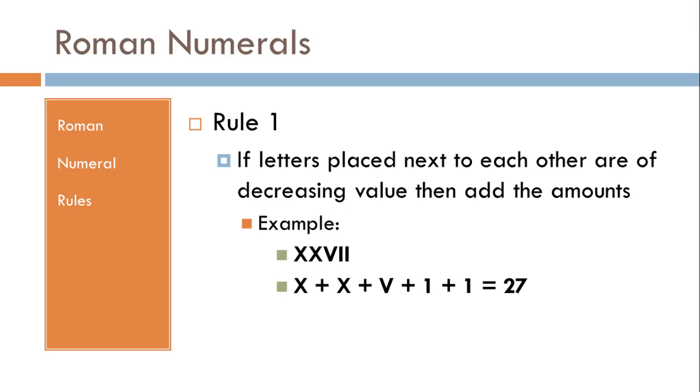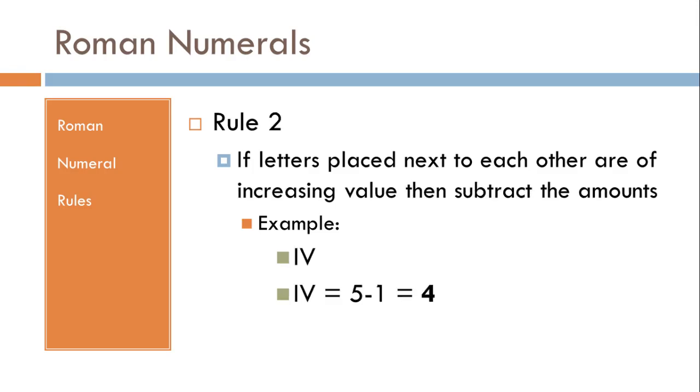So if anyone's a Bills fan, I apologize for bringing that up, but it made for a good reference here. So 27, I'm looking at XX meaning 20, VII meaning 7. I'm going to add them together. So XXVII, and that is 27.